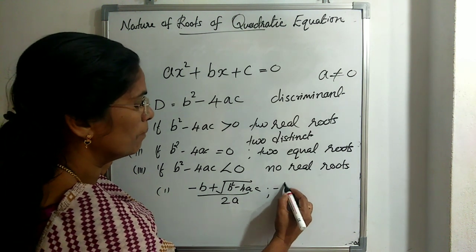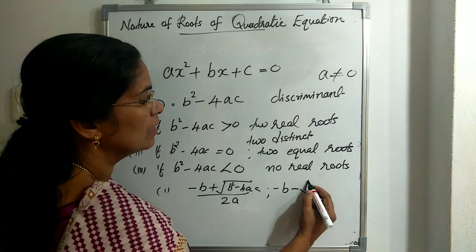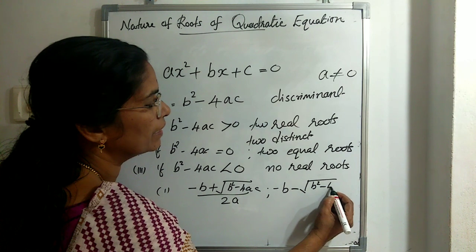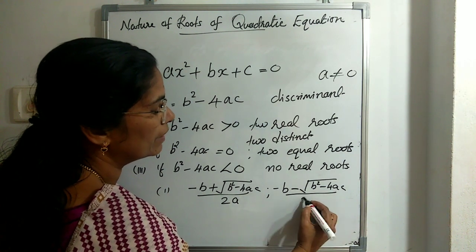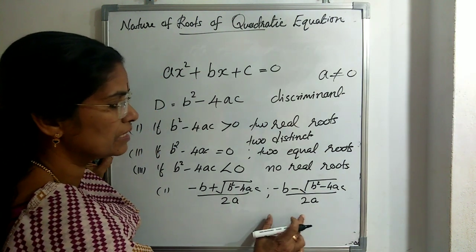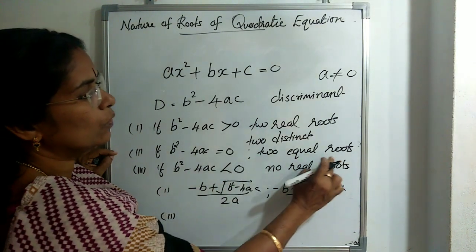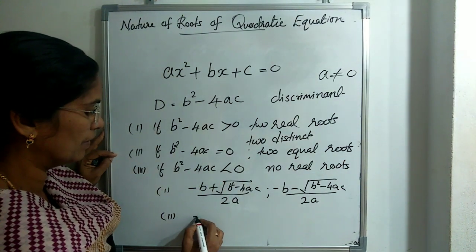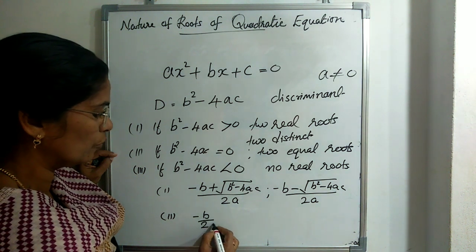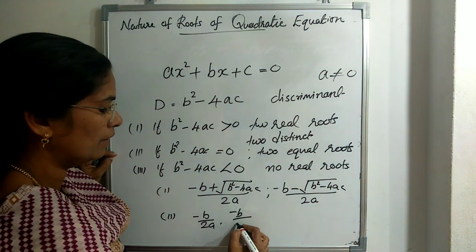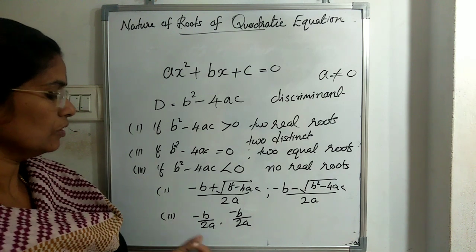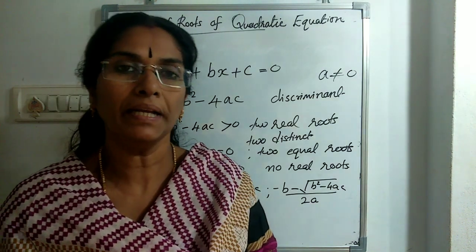Another root is minus b minus root of b square minus 4ac whole divided by 2a. These are two distinct roots. And the second condition, two equal roots. We will get minus b by 2a. Both are equal. So this is the formula, minus b by 2a.